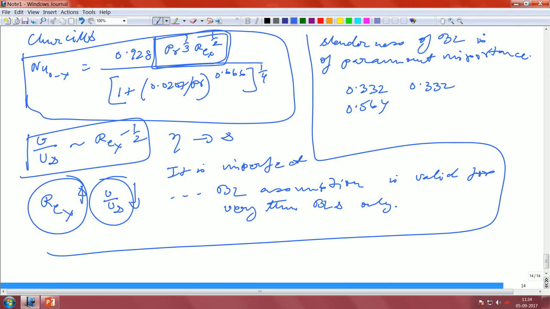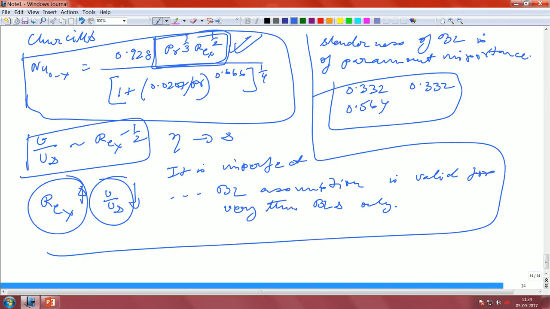One of those constants was 0.332, the other was 0.564, correct. Actually 3, because 2 were 0.332, one was 0.564, right. These are the 3 constants that we found after doing all this exercise, because the front portion was already known. All we found out was that, right, something like that, correct.